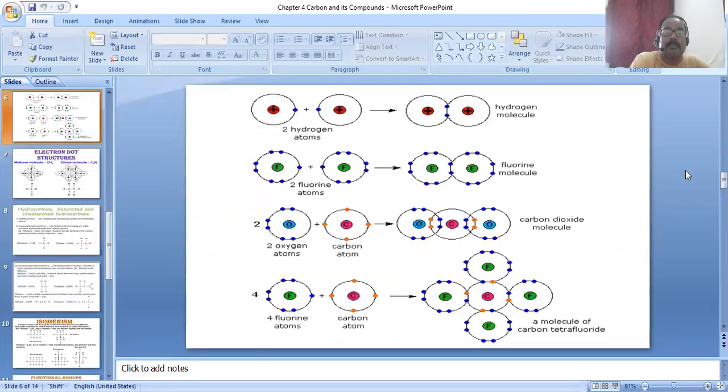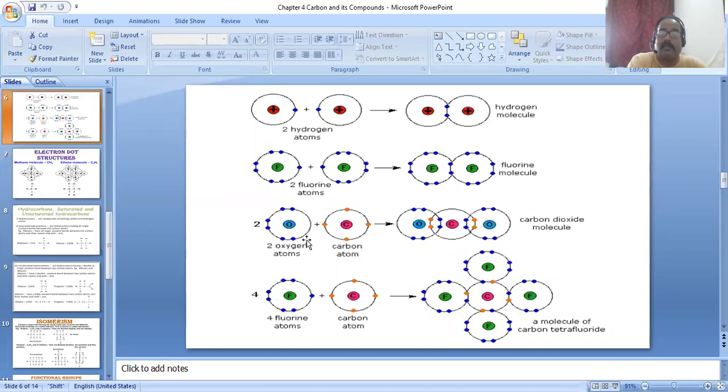Dear students, last video we discussed covalent bond. Now today we discuss dot structure first, and after that some other information. So in covalent bond, here is a small recap.